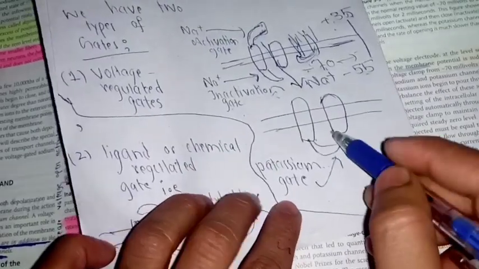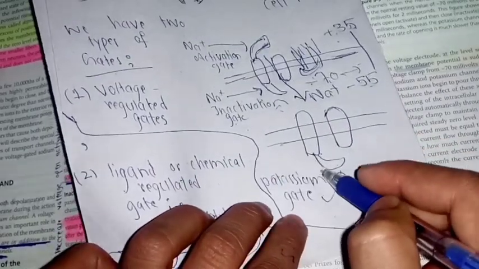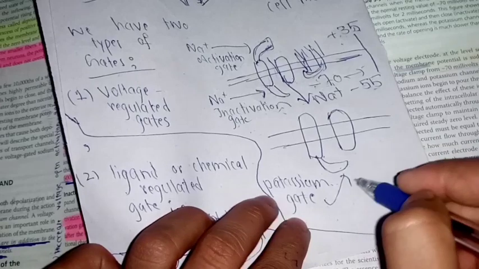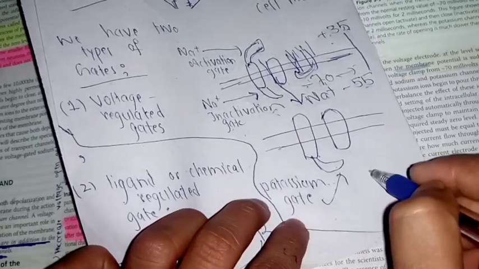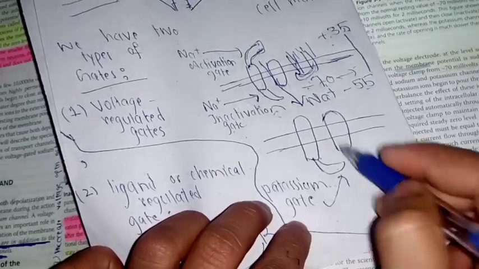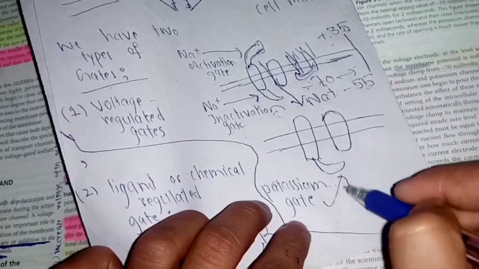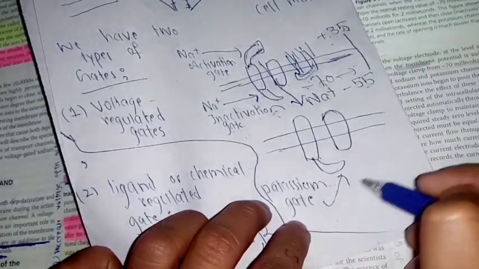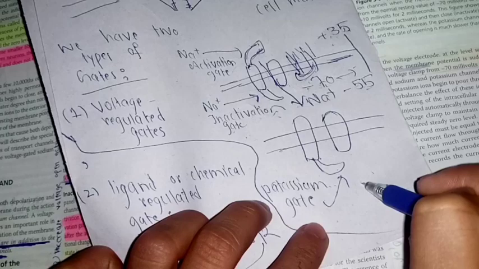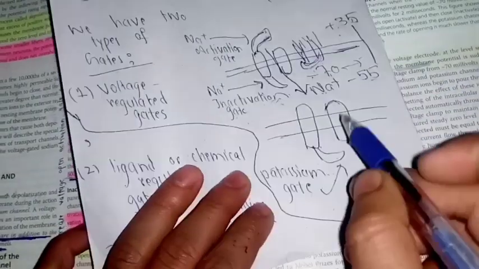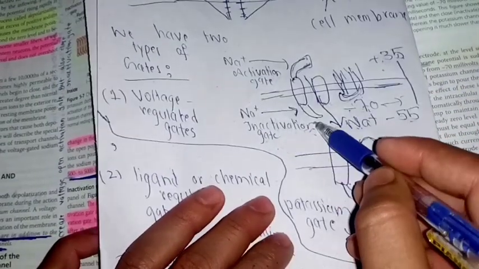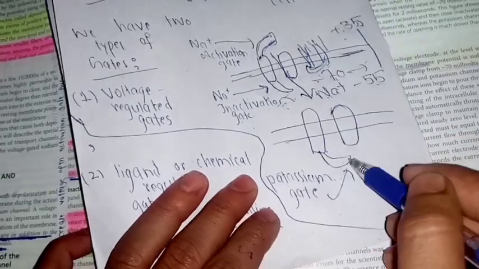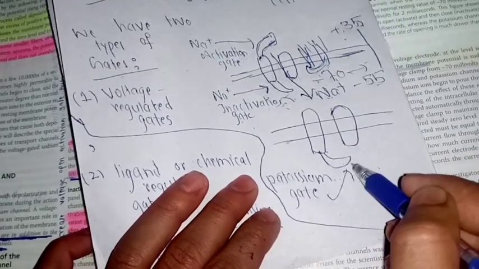Now the gate of the potassium will open, and this will regain its original polarity and negativity by removing the positive potassium ions from the inside of the cell. At the time the inactivation gate of sodium starts closing, the gate of the potassium starts opening.